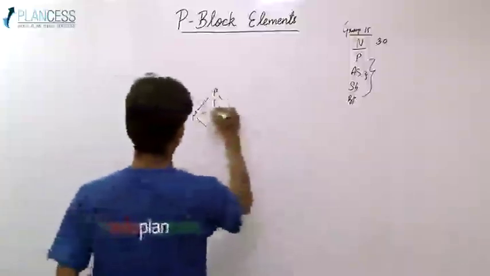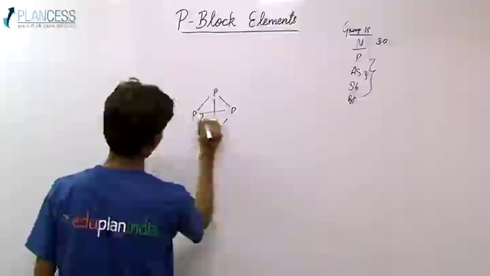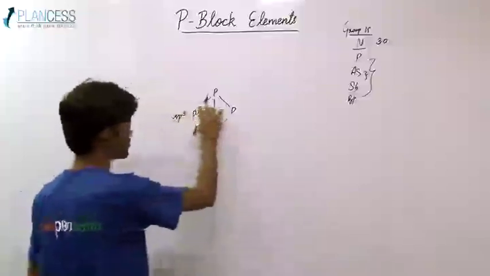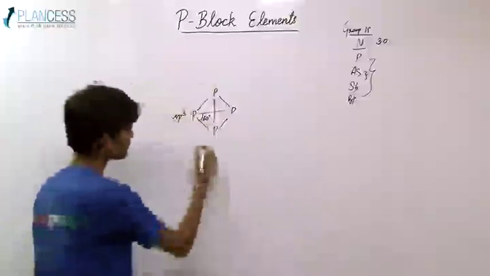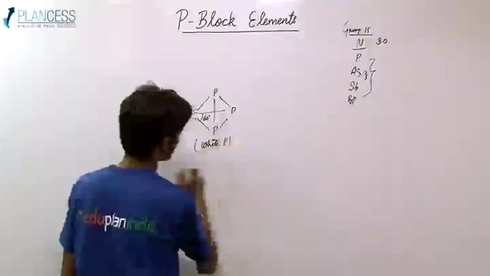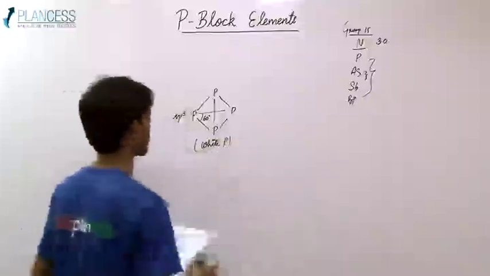It is sp3 hybridized, and it has an angle of 60 degrees, so it is very strained, so it is highly reactive. This is the structure of white phosphorus, P4.